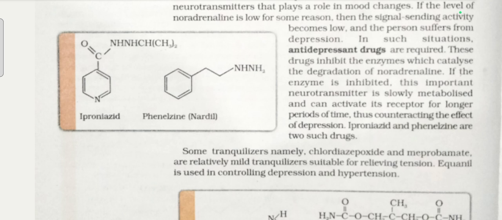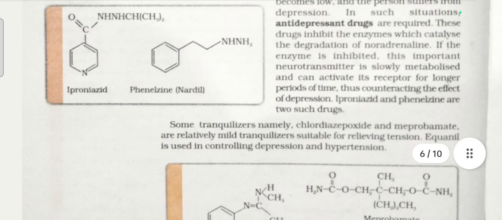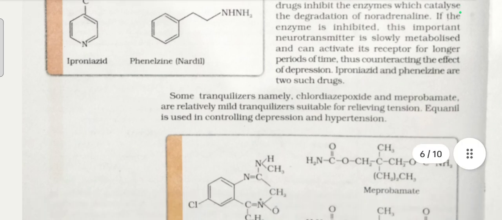Iproniazid or phenelzine are two such drugs. Some tranquilizers, namely chlordiazepoxide and meprobamate, are relatively mild tranquilizers suitable for relieving tension. Equanil is used in controlling depression and hypertension.